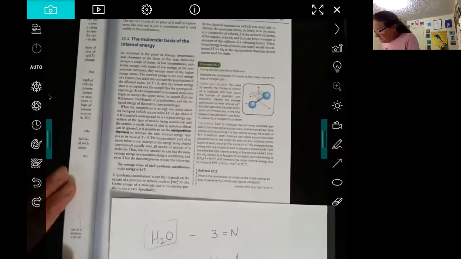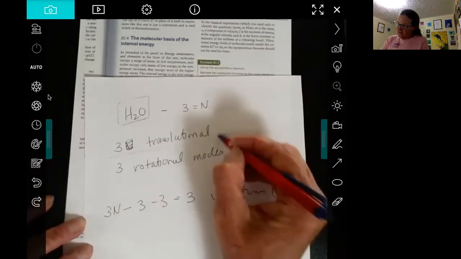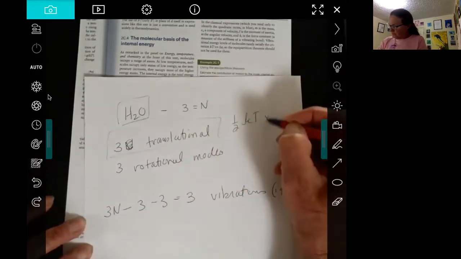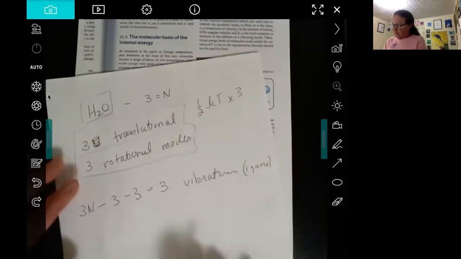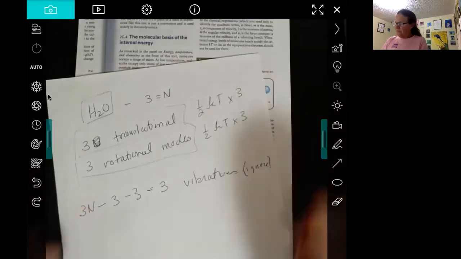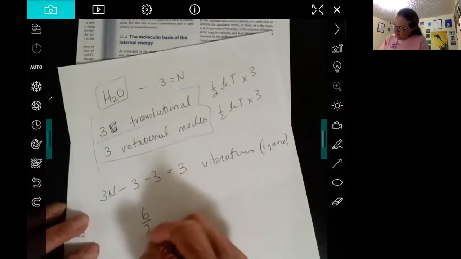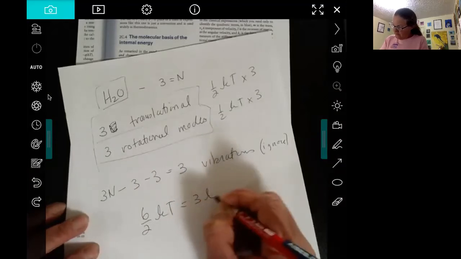So that means that we have, we want the molar. So we have 1/2 KT for each of these translational modes. And then for the rotational, we also have 1/2 KT times 3. So we end up with 6/2 KT per each molecule, which is 3 KT.